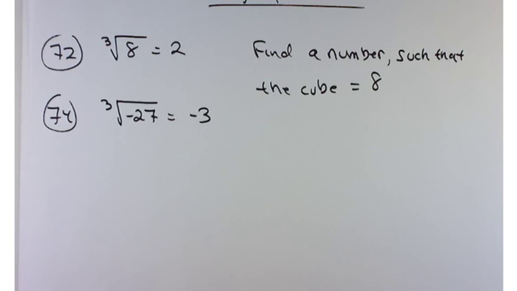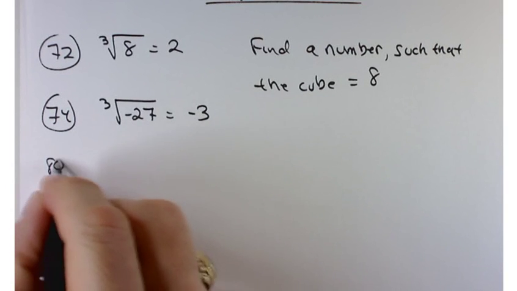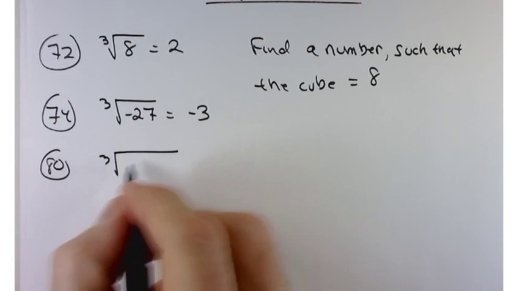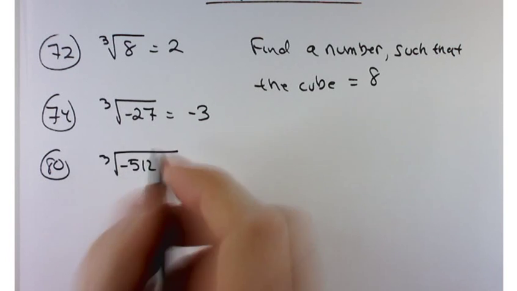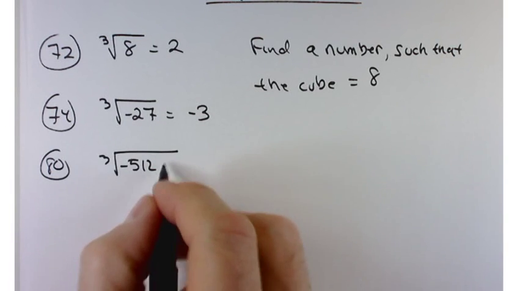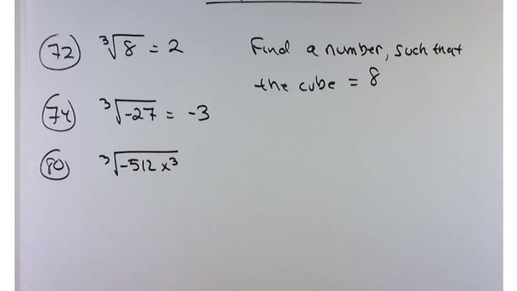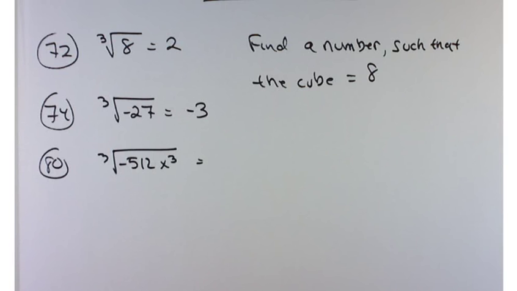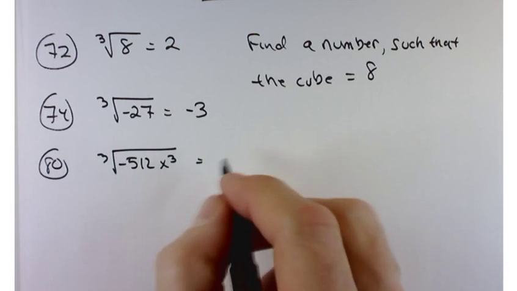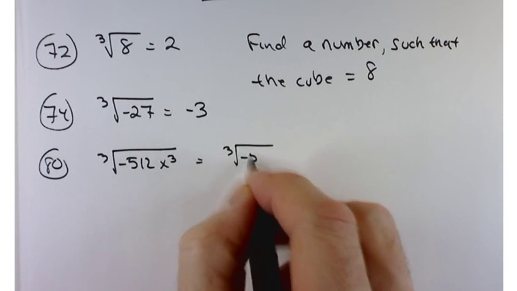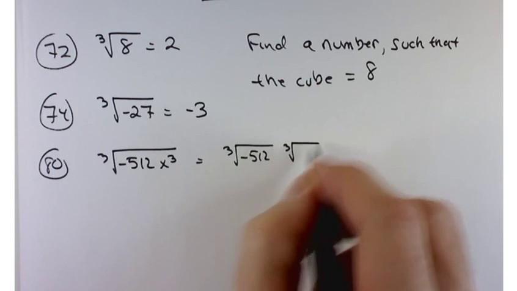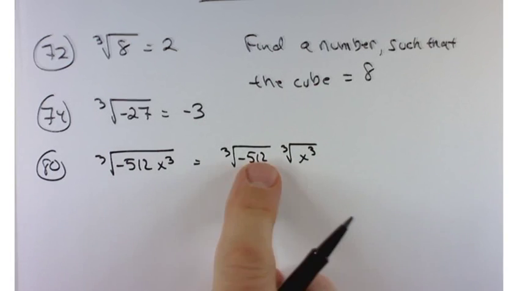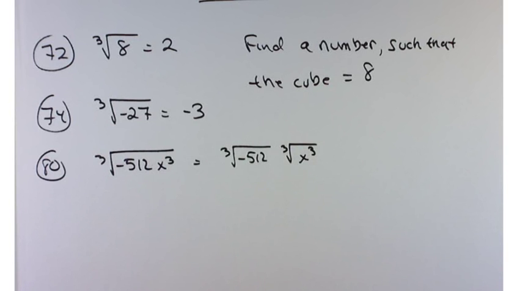Okay, so let's do a couple more here. Problem number 80. Cube root of negative 512 x cubed. Well, this is a multiplication. You can break things up over multiplication. So it's the cube root of negative 512 and the cube root of x cubed. Now for your number parts, you can get that off your calculator.